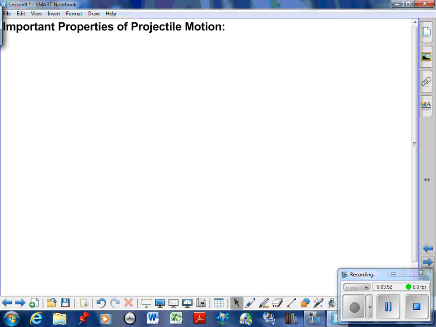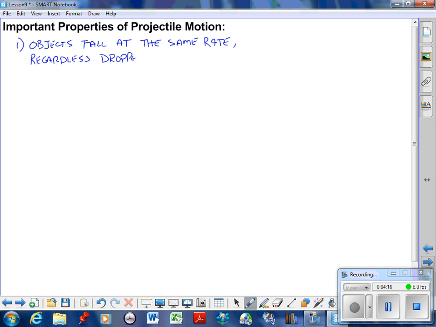So, important properties of projectile motion. The first one is objects fall at the same rate regardless of being dropped or thrown.